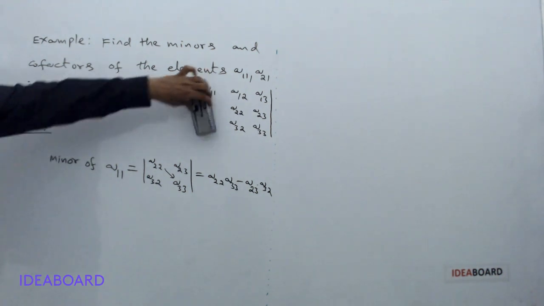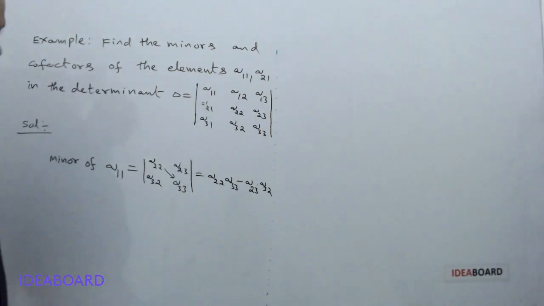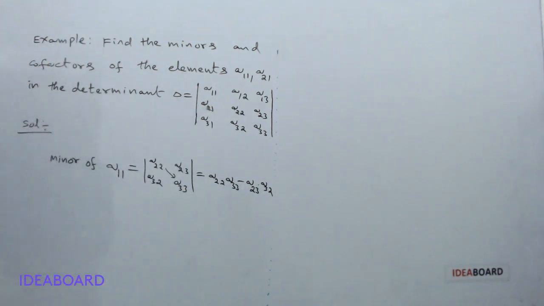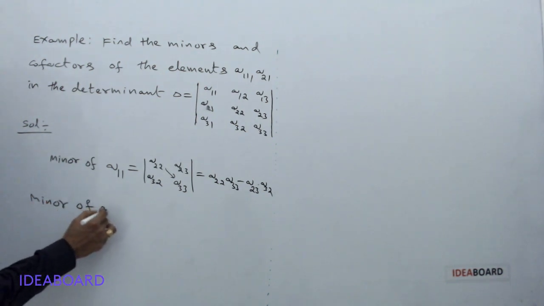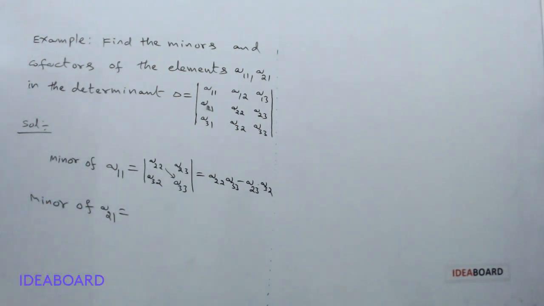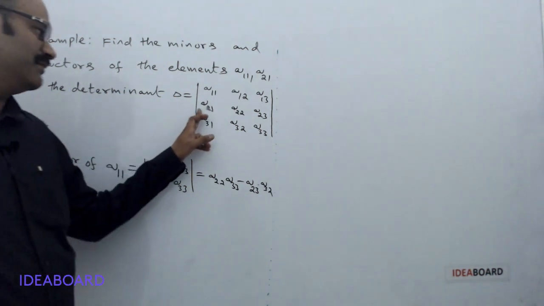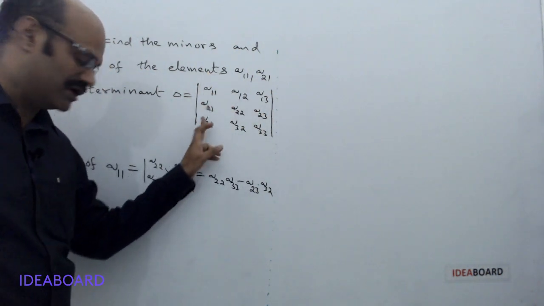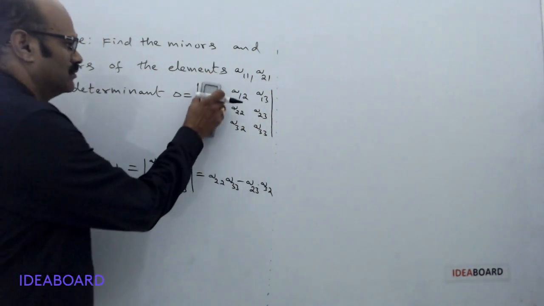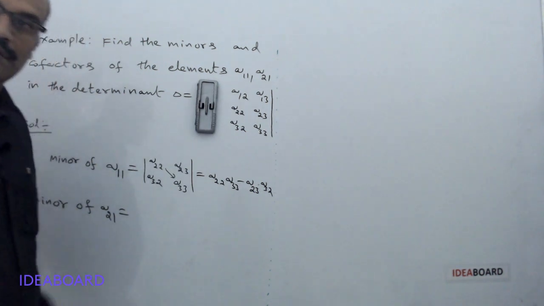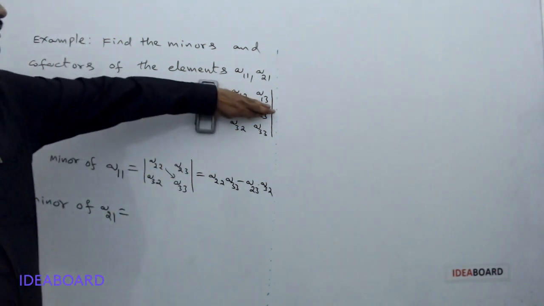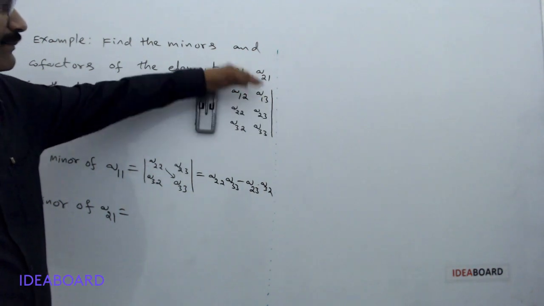Now we have to find the minor of A21. Minor of A21 equal to, the element A21 lies in second row and first column. So we have to close the first column and second row, and take the remaining four elements.